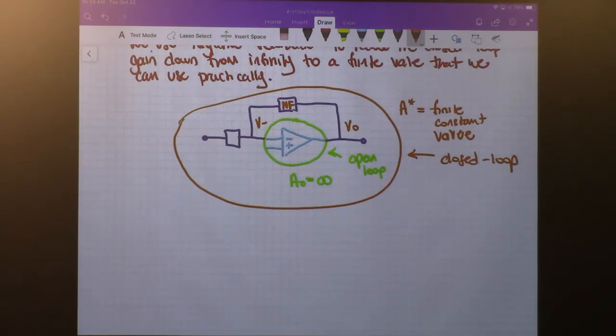And so the way that it works, which we're going to go into more detail when we get back to the example that we were going over, is that as the output gets larger, the negative input gets larger, which is then reducing the V2 minus V1 or the V plus minus V minus.